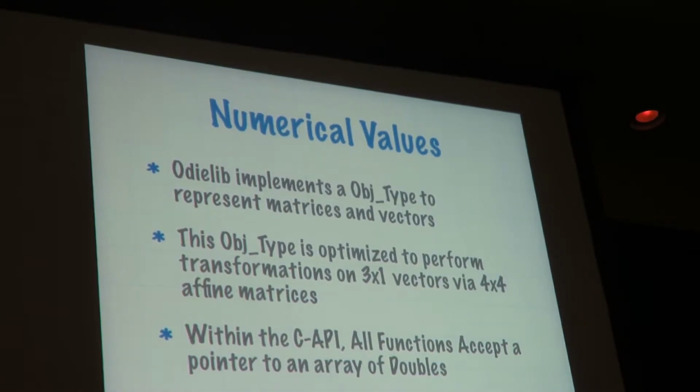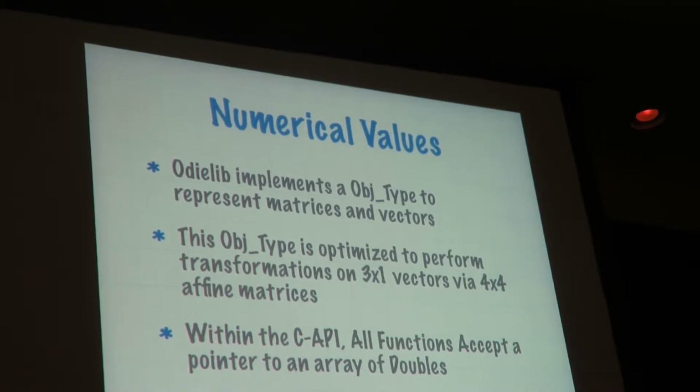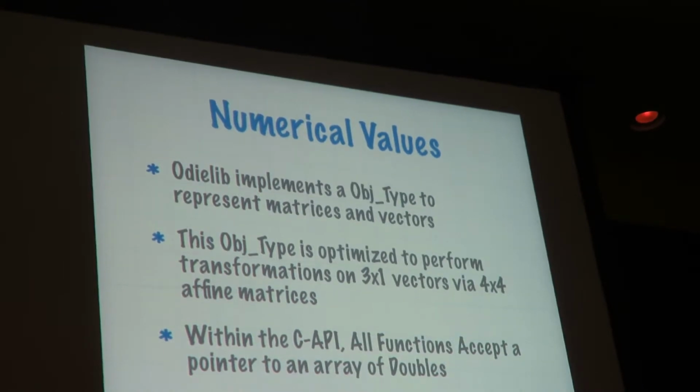Within the C API, I make sure that there's enough room so that if you accidentally feed one type into where it's expecting another, you don't end up with any seg faults or crashes. Internally within the C API, all of the functions just take an array of doubles. So it makes it very nice for passing stuff back and forth. We don't do a lot of copying.